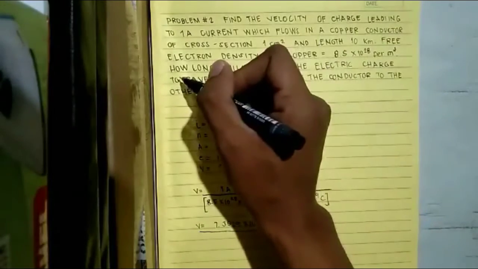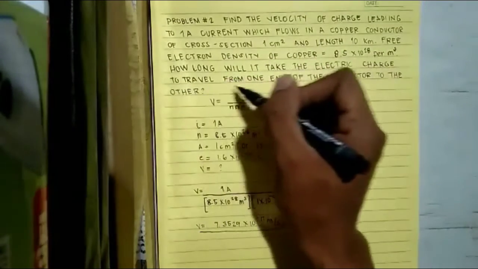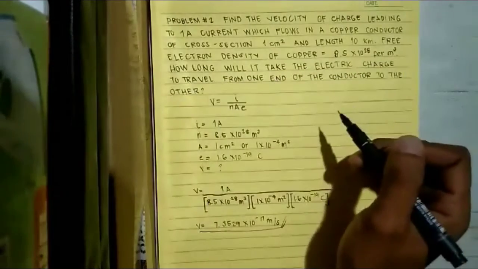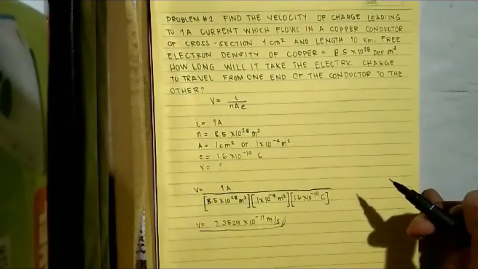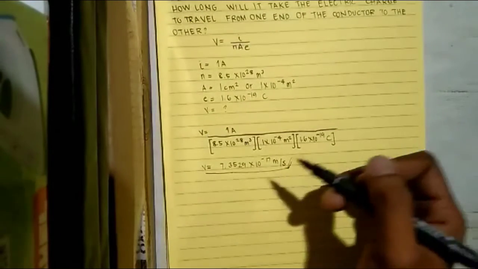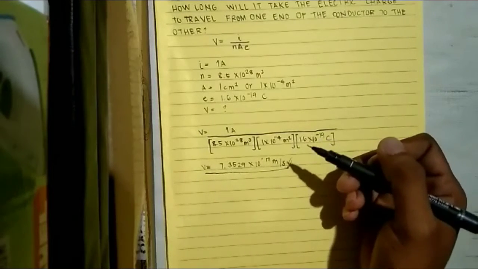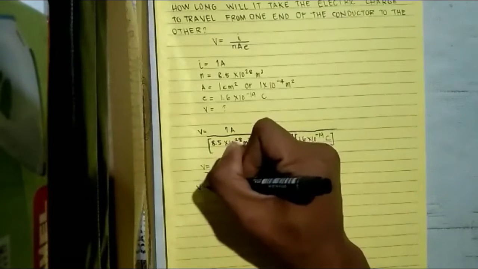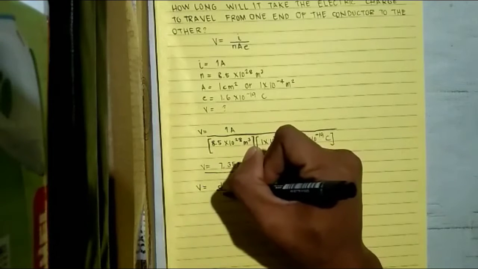Ngayon naman, kukunin natin yung how long will it take the electric charge to travel from one end of the conductor to the other. So, ang hinahanap dyan is time. So, gagamitin nating formula ay ang velocity is distance over time. So, B is equals to distance over time.